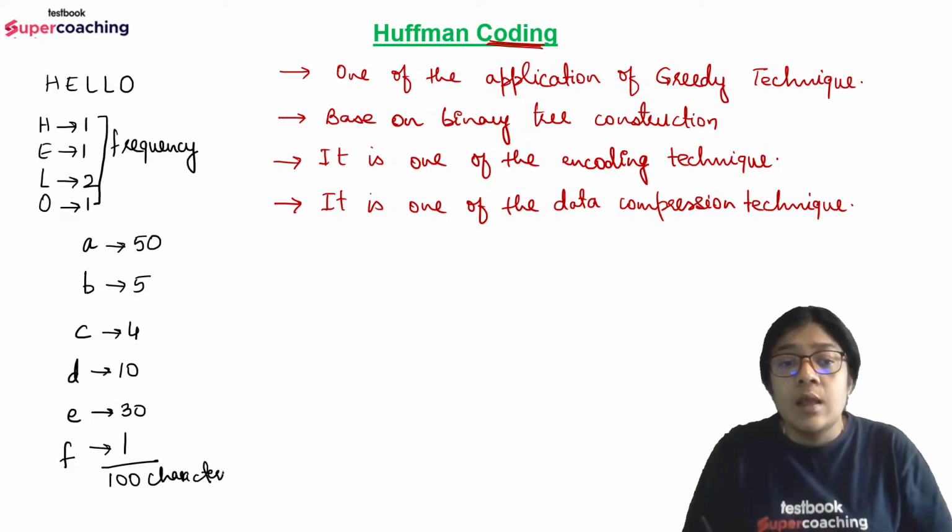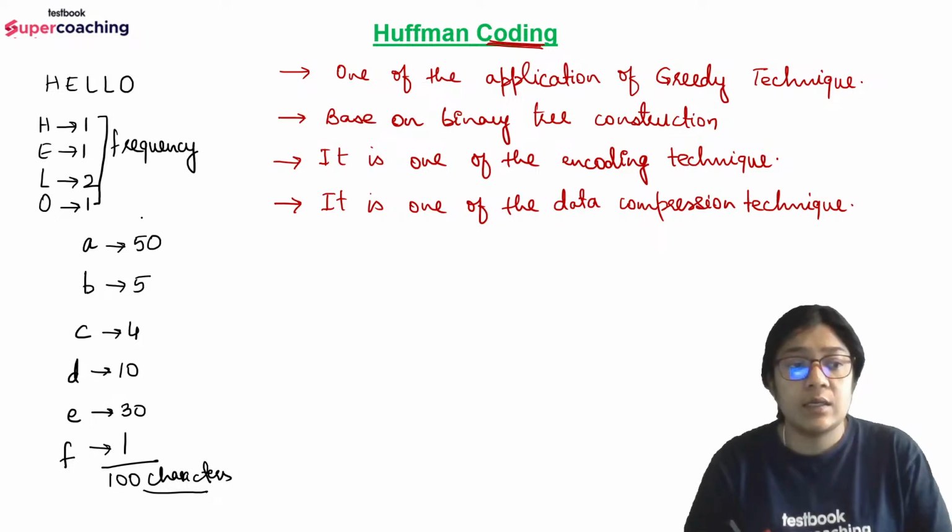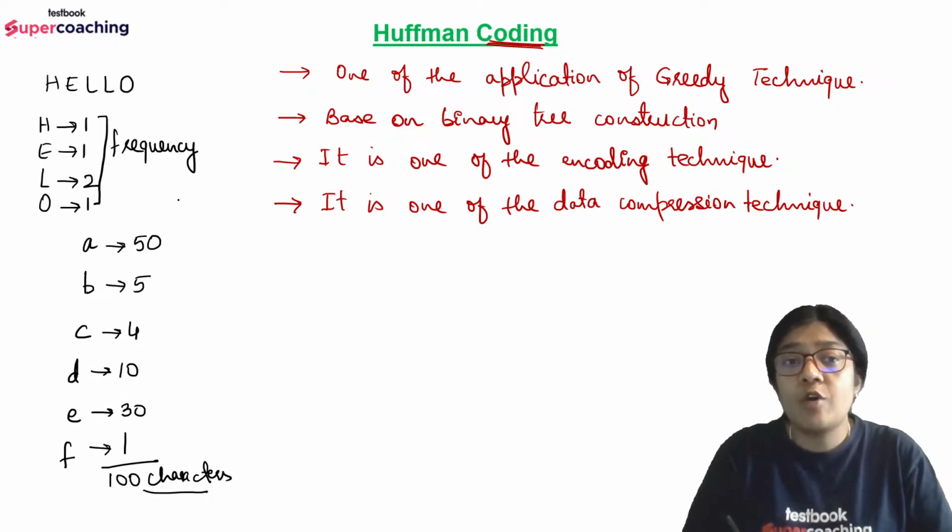Now, if we use the concept of ASCII, means एक character को represent करने के लिए, for example, the code is 65. So in order to represent 65, the number of bits, okay, let me write here.